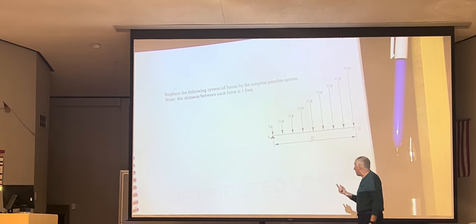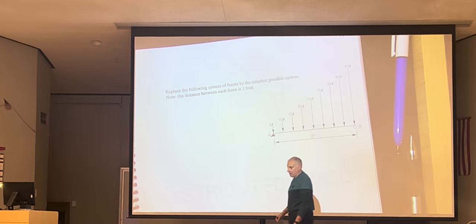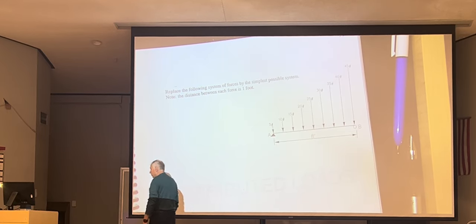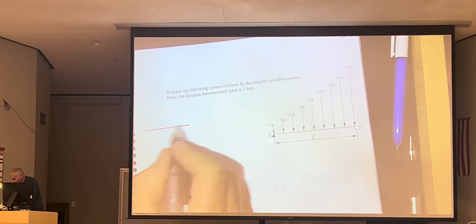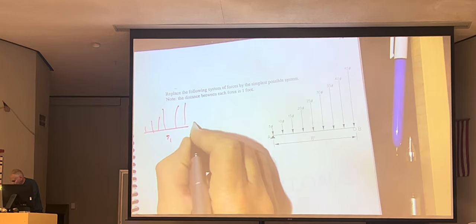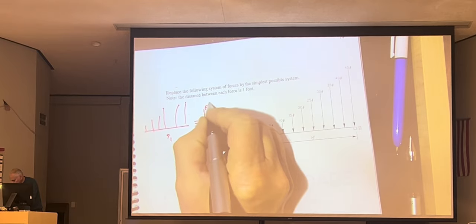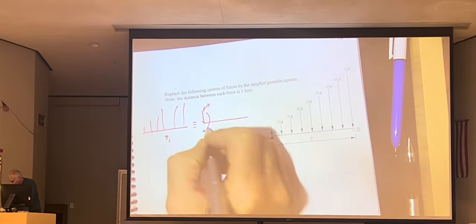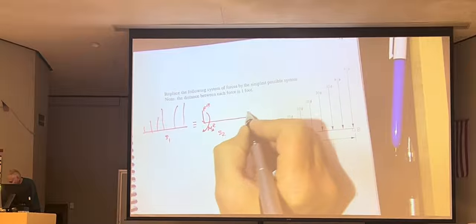Why do I know that? Because it is parallel and coplanar. We get a double whammy here. So I'm going to take this original system, that's system 1, and reduce it down to a single force resultant and a moment A resultant. That's system 2.